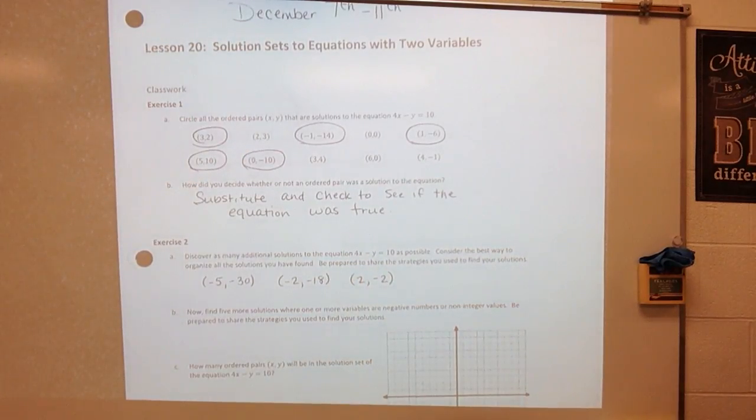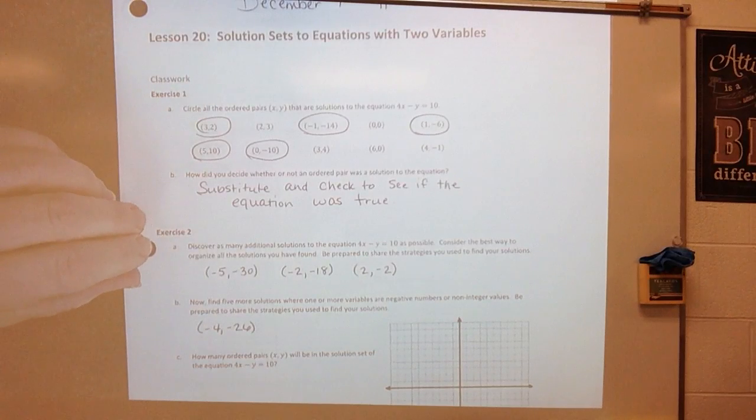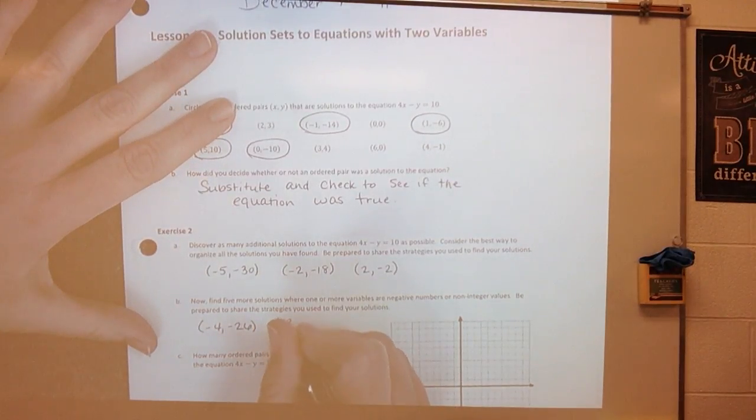Now find 5 more solutions where one or more variables are negative numbers or non-integers. Be prepared to share the strategies you use. Once again, just find some negative numbers. Negative 4, negative 26 would work. Negative 3, negative 22 would work.